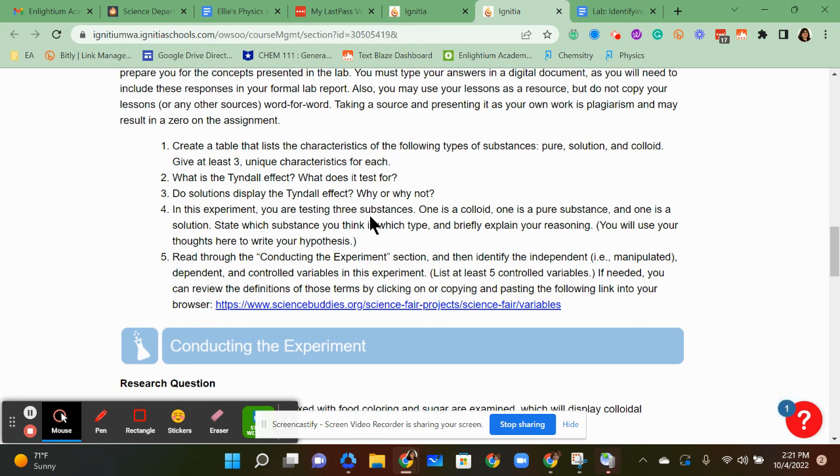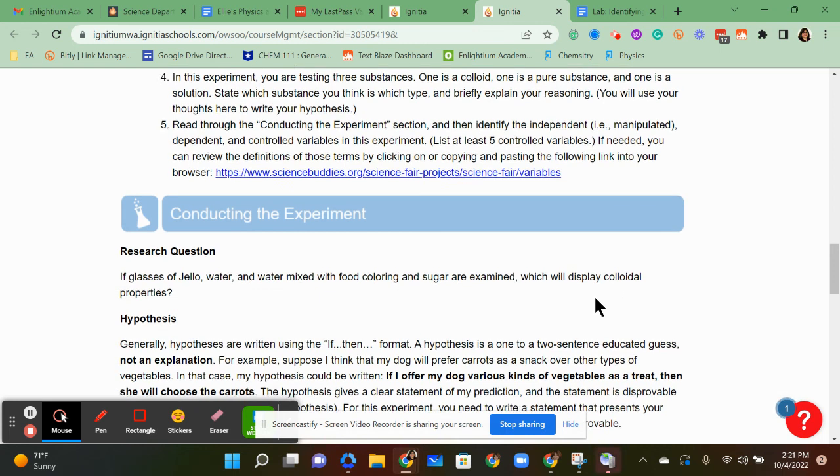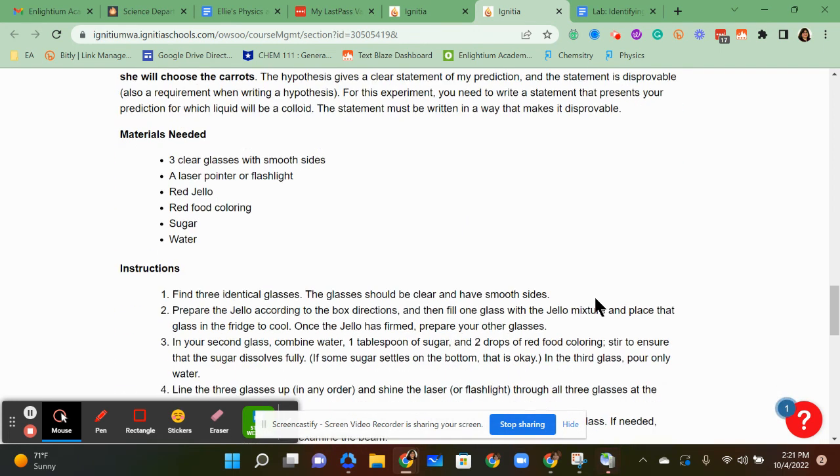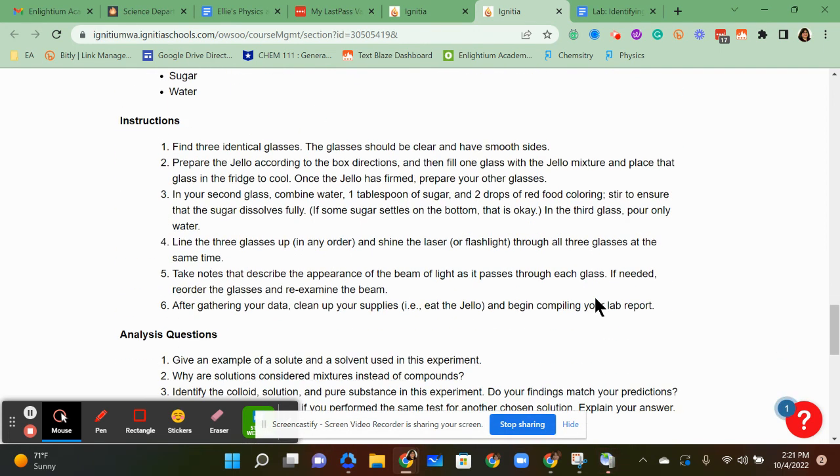So you're going to come up with the three samples and you're going to determine if there's a Tyndall effect or not. So I gave you hints there about the independent and dependent variable. Here you have your procedure. Keep in mind, summarize that procedure and always, always write down the steps. So you need to list them.